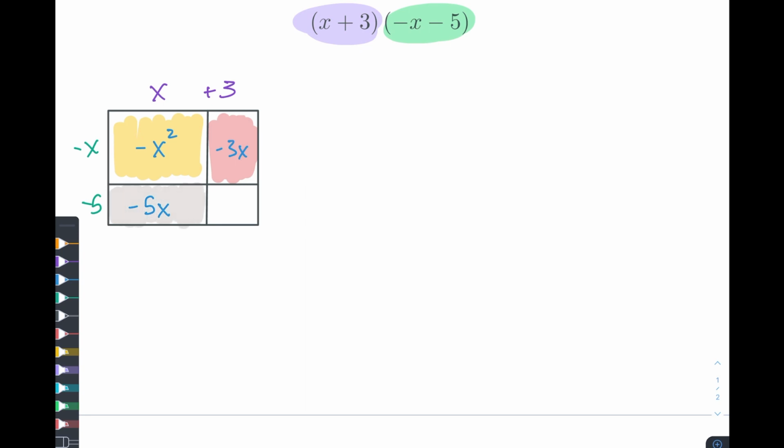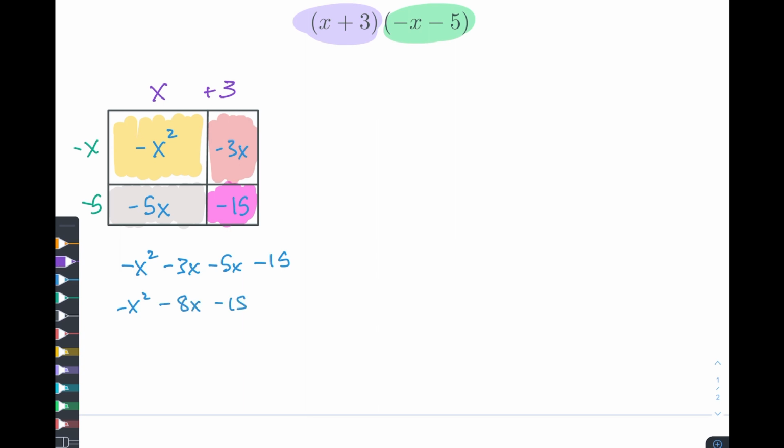And then finally, we have negative 5 times a positive 3, which is negative 15. We'll make that kind of a pinkish color there. So here we go. When we simplify all this together, negative x squared minus 3x minus 5x minus 15. And then, of course, when we simplify, we're left with negative x squared minus 8x minus 15.